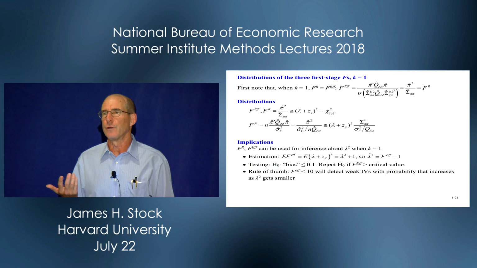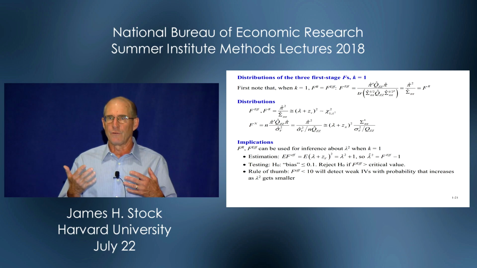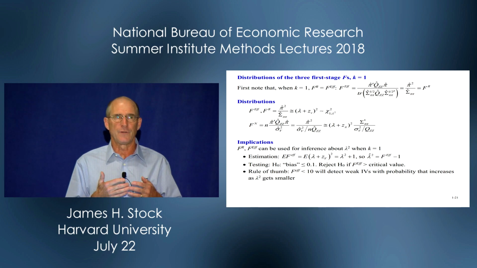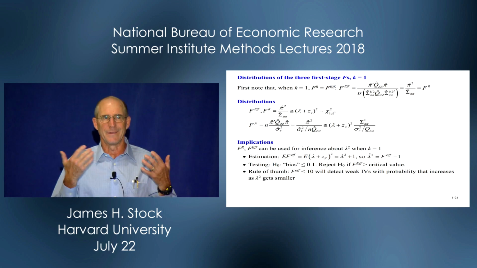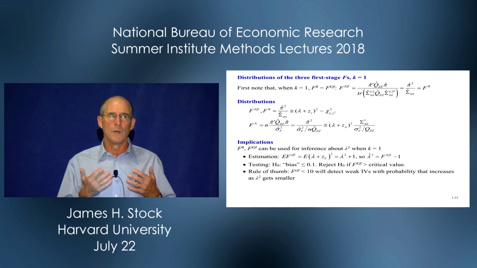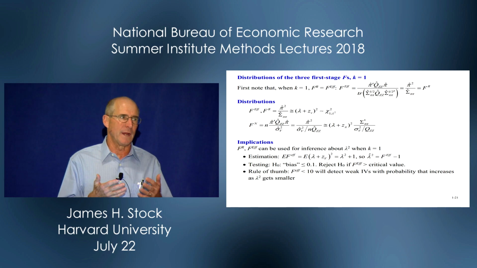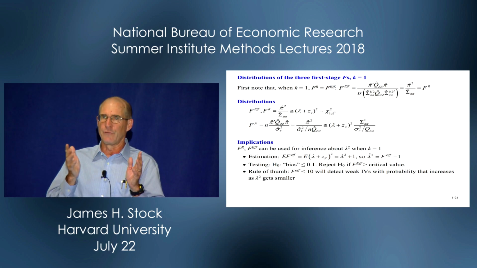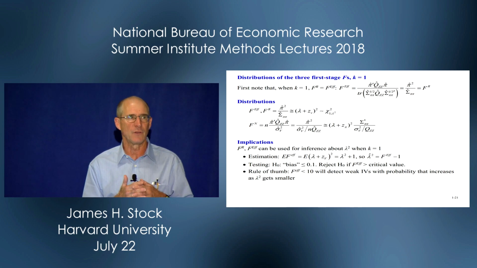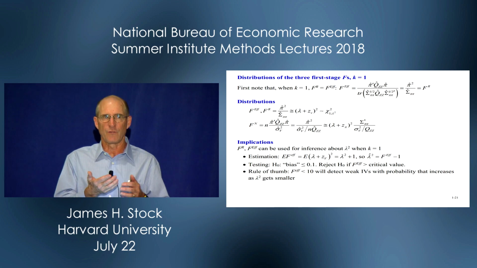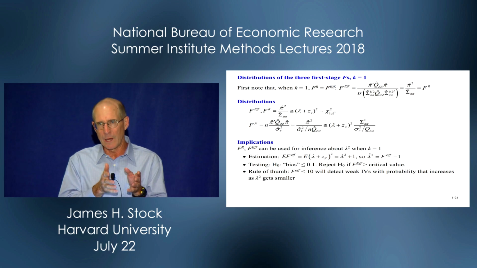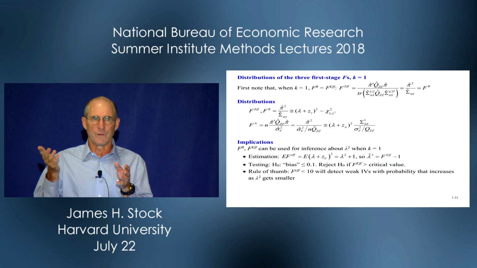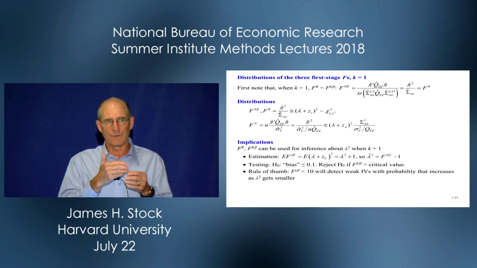But another thing you could do is formulate a hypothesis that the Nagar bias, if you will, is no bigger than 10%, and test whether lambda is sufficiently large to ensure that. What that says is I want to test the null hypothesis that lambda squared is equal to 10 against the alternative that lambda squared is bigger than 10.